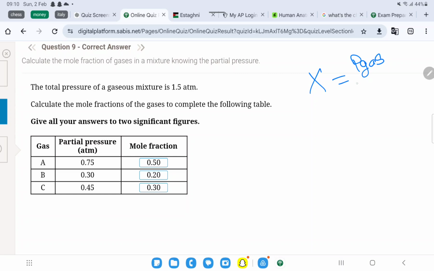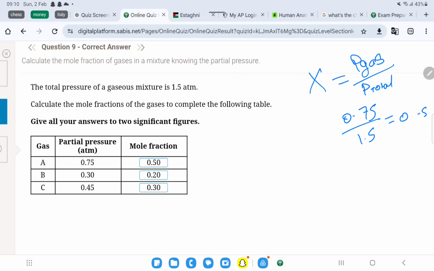And we said X mole fraction is equal to P gas over P total. So P gas for gas A is 0.75 over P total 1.5. You put it in your calculator, 0.75 divided by 1.5, you get 0.5.